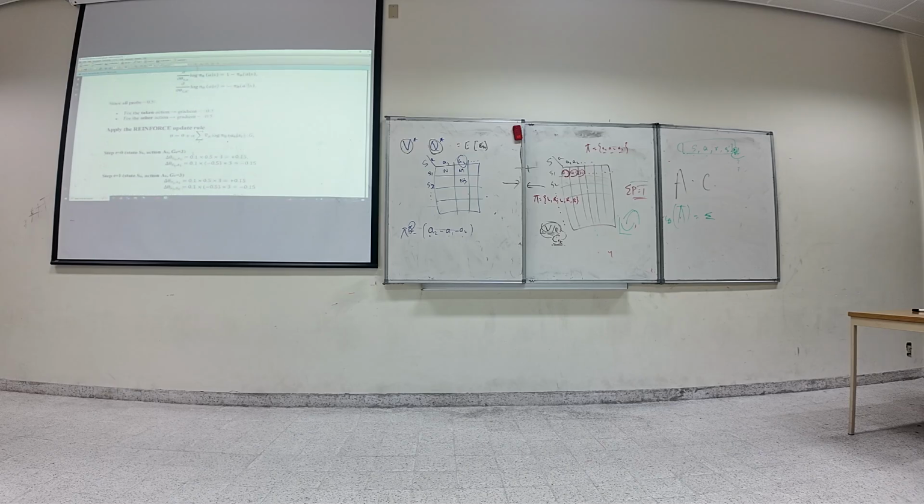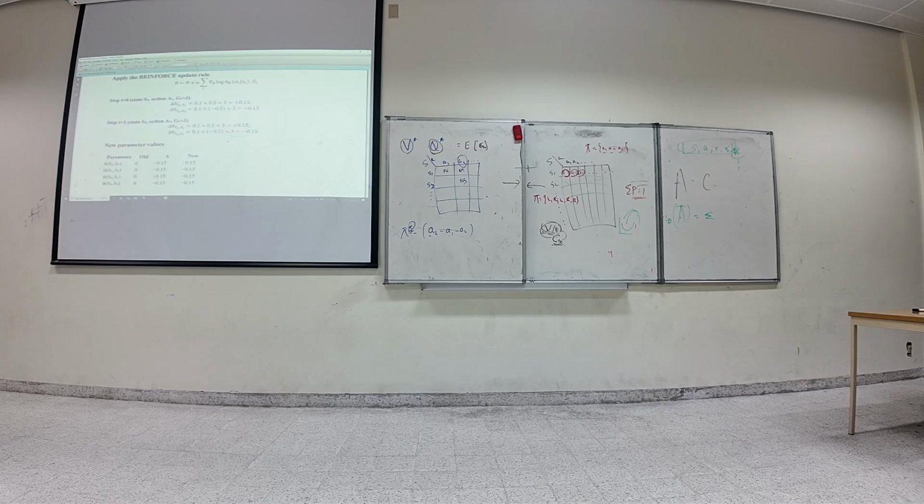Now applying the REINFORCE update rule here, the learning rate alpha is 0.1. Your gradient as you computed was 0.5, your return was 3 for A1 in S1.